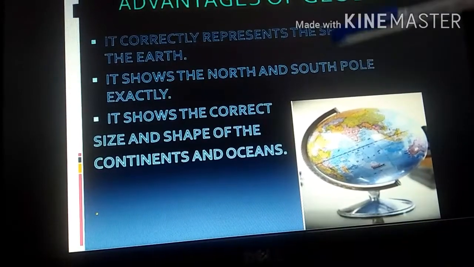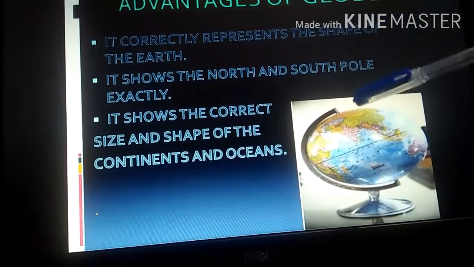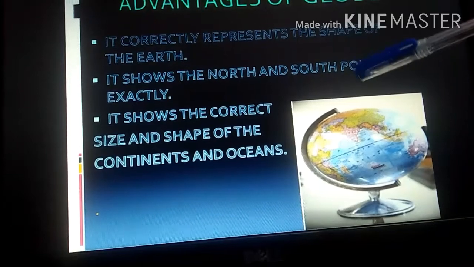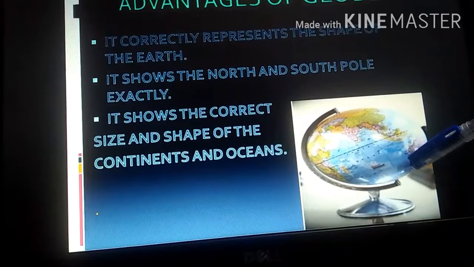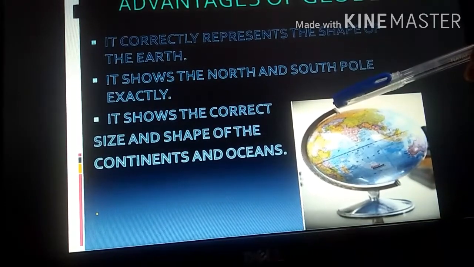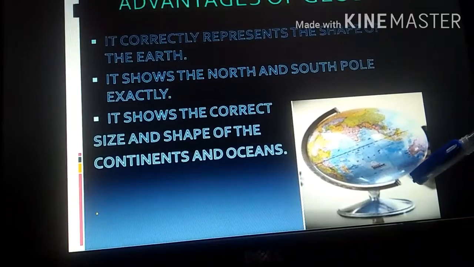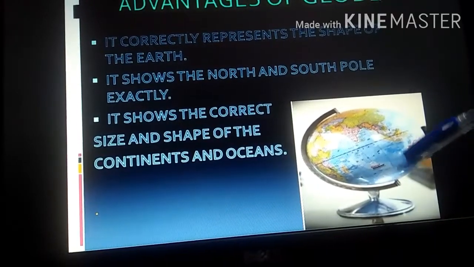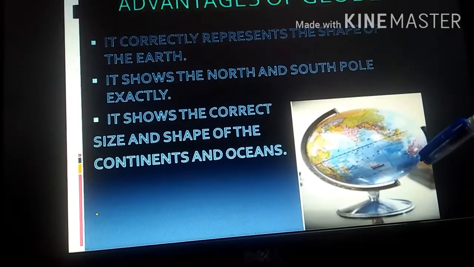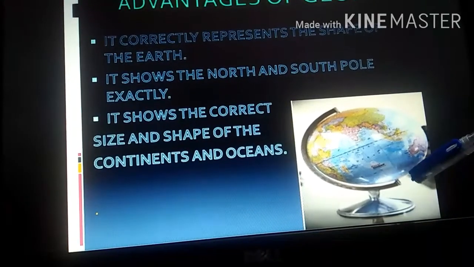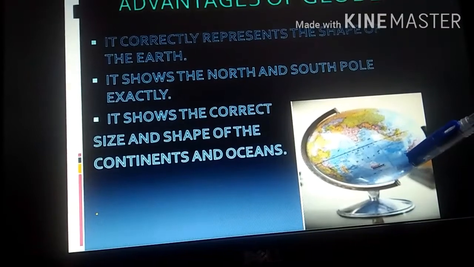The axis of the earth, what is it? It is an imaginary line that passes exactly through the center and meets at two opposite points known as poles. So this is the pole and this is the other pole. Both poles, that is the North Pole and the South Pole, are used as reference points for locating a place.